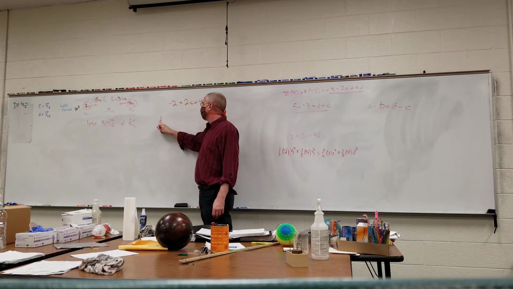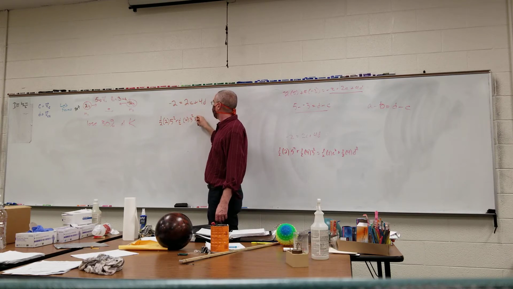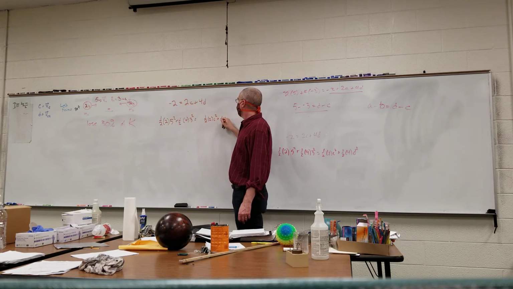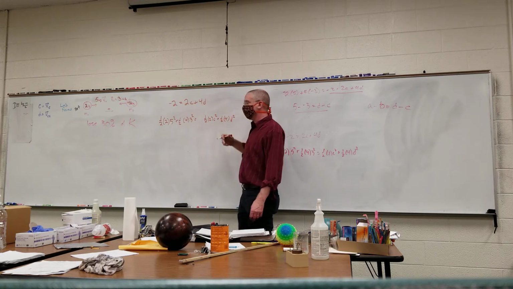So I know initially we have 1/2 times 2 times 5 squared plus 1/2 times 4 times 3 squared is equal to, well, it's not equal to 1/2 times 2 times c squared plus 1/2 times 4 times d squared, because we lost kinetic energy.